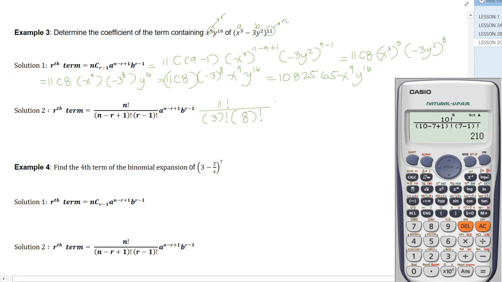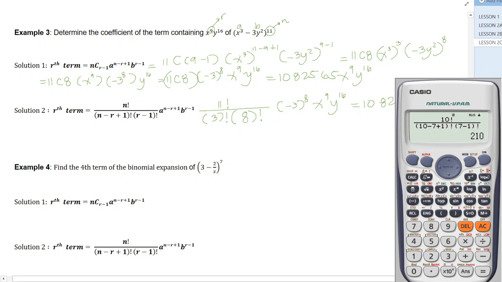We also multiply there your negative 3 raised to 8. So that is x raised to 9 y raised to 16. If we are going to compute that one, it is the same. That is 108265 x raised to 9 y raised to 16.